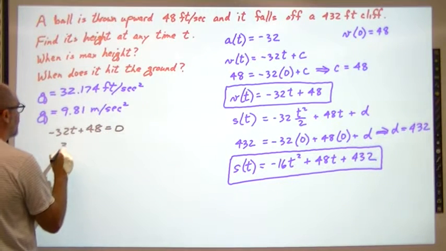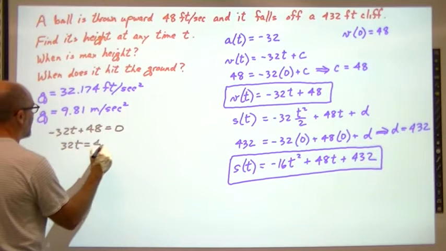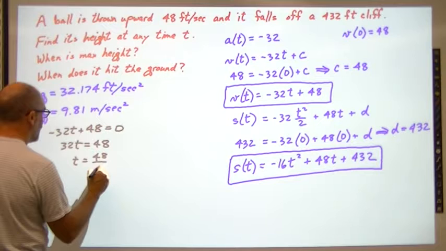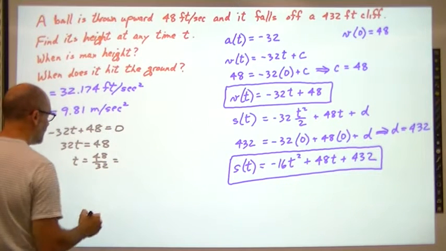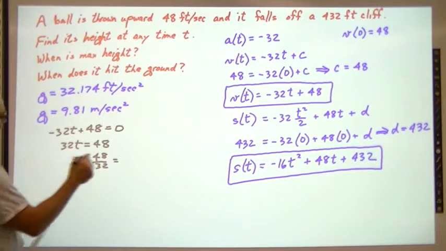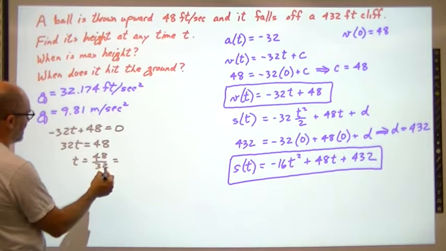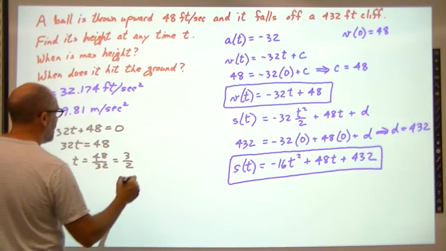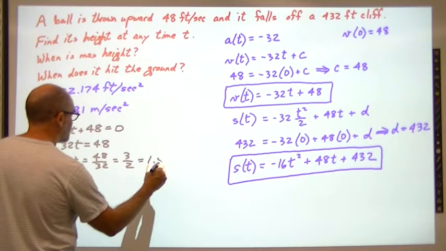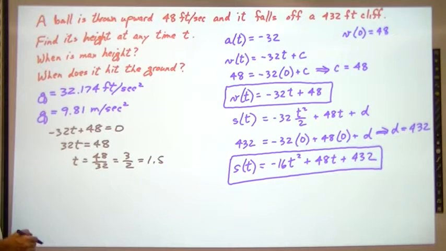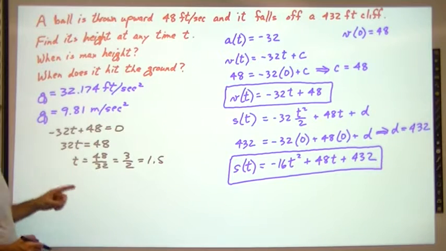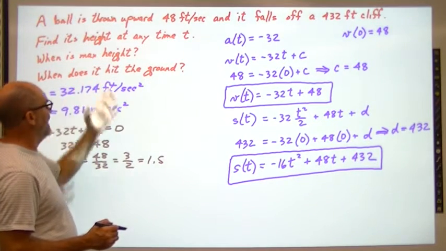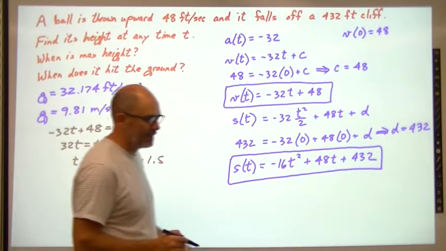And that means 32t equals 48, and that means t equals 48 over 32, which, they both go in 16, that's 3 halves. So at 1.5 seconds into this ball's flight, it reaches maximum height.